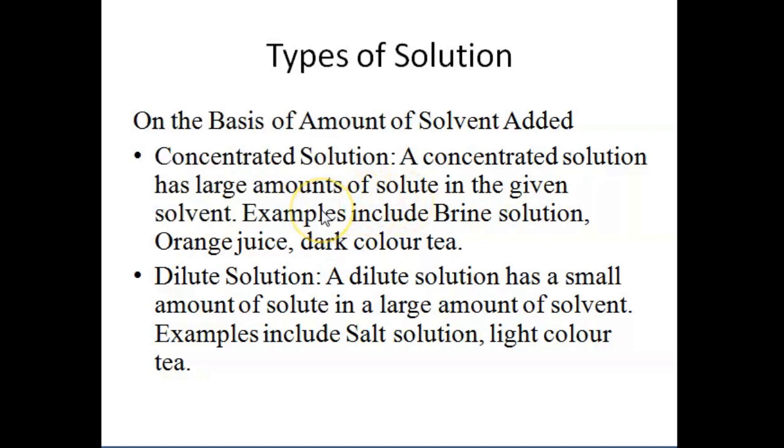For example, we could say brine solution, orange juice, dark colored tea. And a dilute solution has a small amount of solute in a large amount of solvent, like salt solution or the light color of the tea. So based on the amount of solvent added, we classify the solution as concentrated solution and dilute solution.